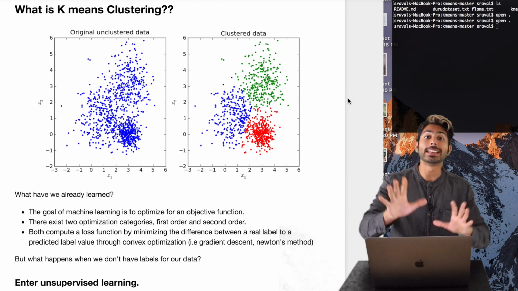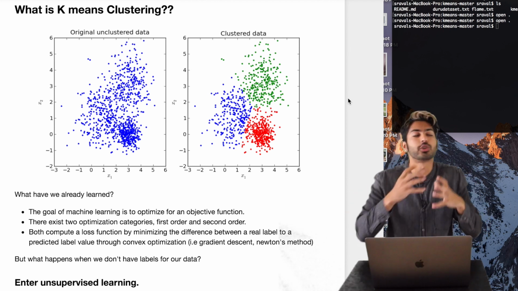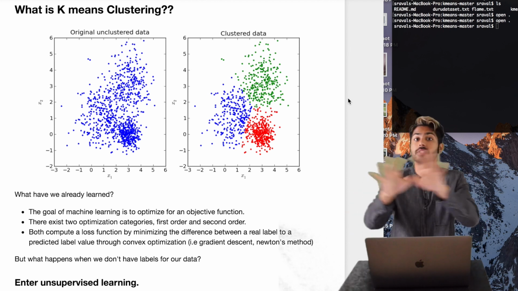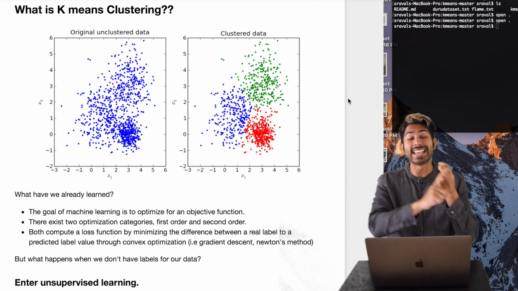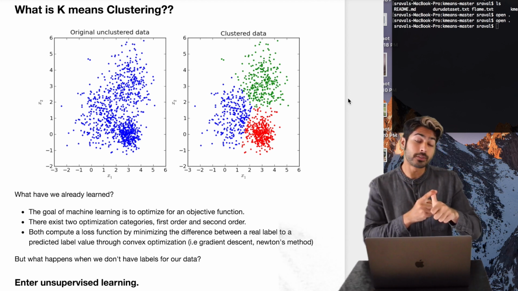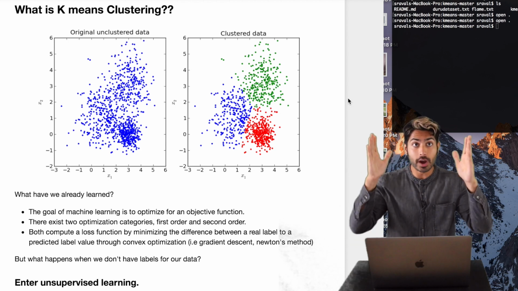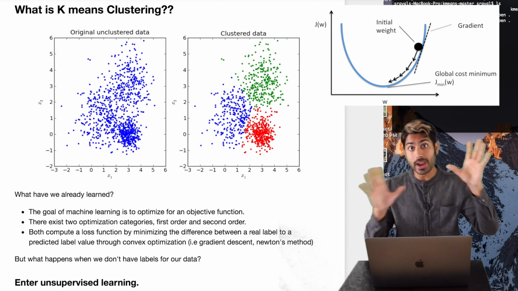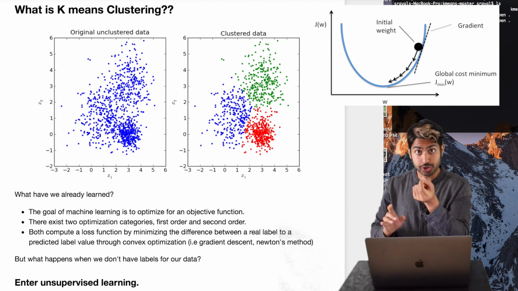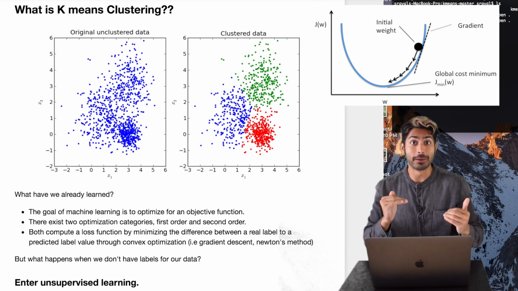What we've learned is that machine learning is all about optimizing for an objective, right? That's the goal of machine learning. And we've learned about first order and second order optimization. What's first order? Gradient descent and its variants. If we were to graph the error of a function versus its weight values, we want to find the minimum of the function so that we can find the ideal weight value so that our error is minimized.